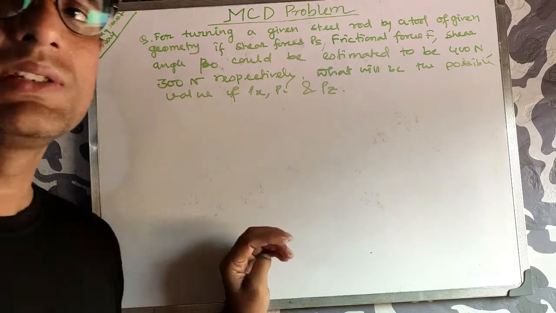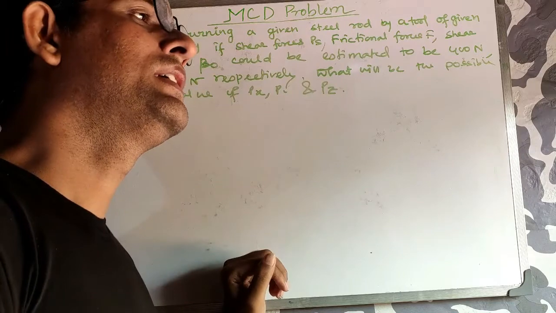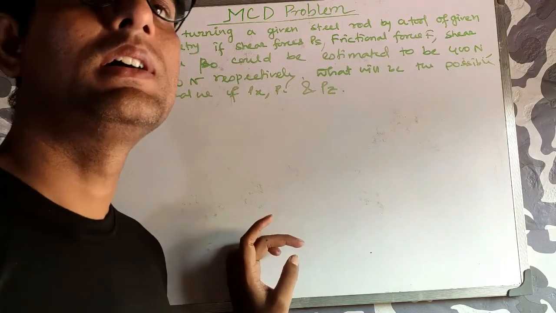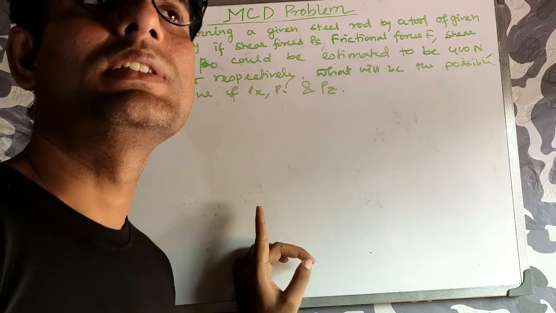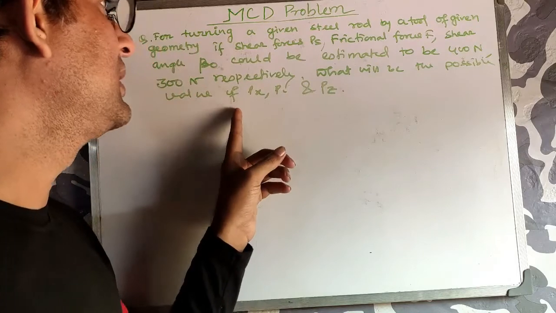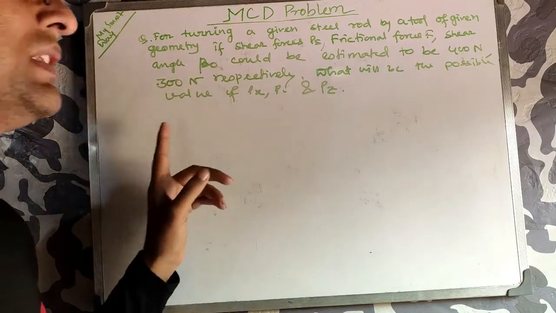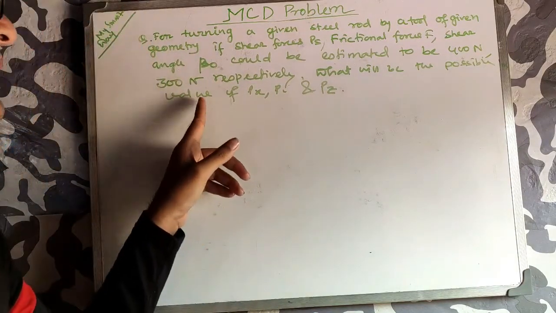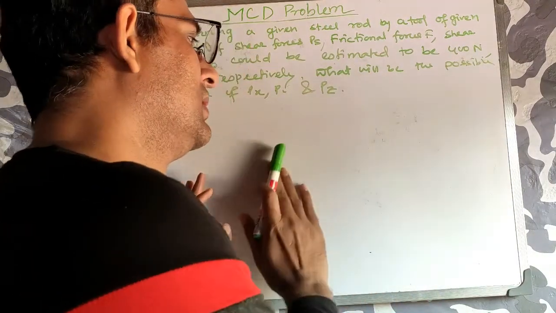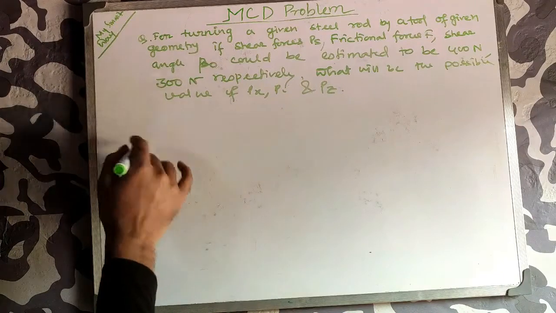On MCD, Merchant circle diagram, I have discussed how to solve MCD problems using the graphical method. Yesterday I wrote a problem and gave the home task that you can give the answer in the comments. Now I am trying to solve this problem.